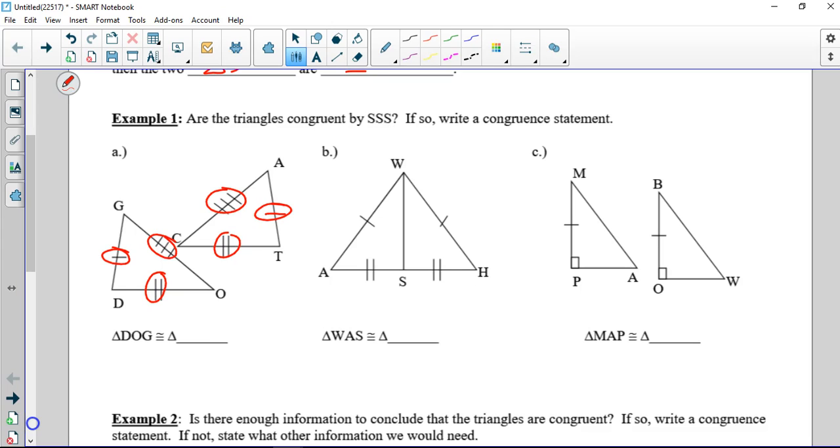So DOG. Now the way I kind of say is you're starting at D and you're going to O. So what I say is use numbers for these. 1, 2, 3. 1, 2, 3. And you're starting at D and you're going down Highway 2 towards the corner of 2 and 3.